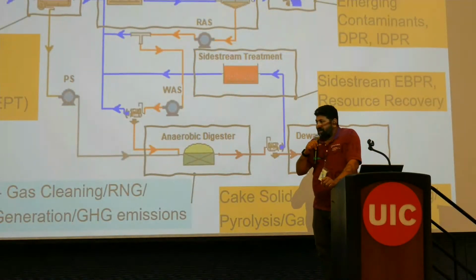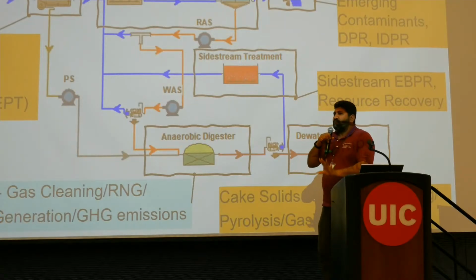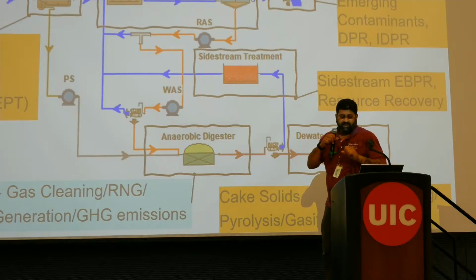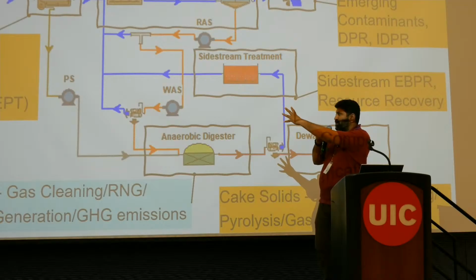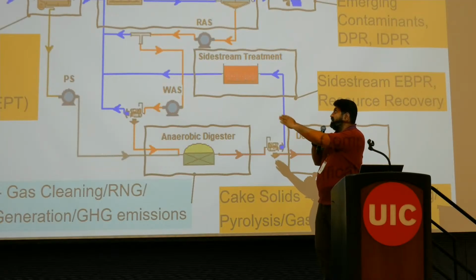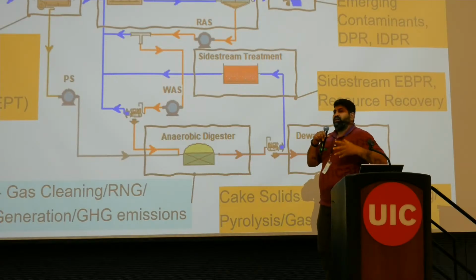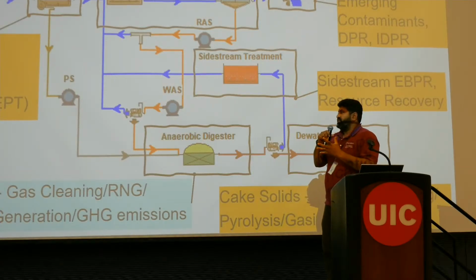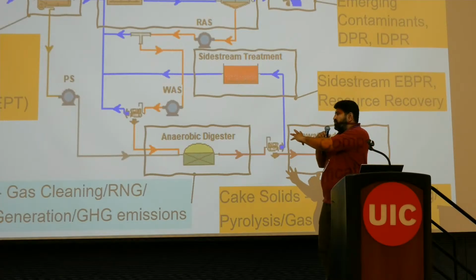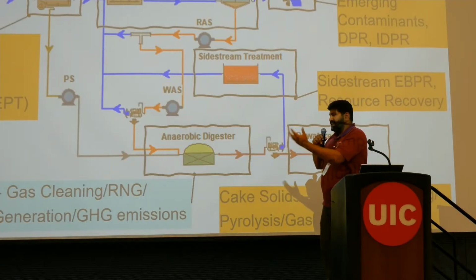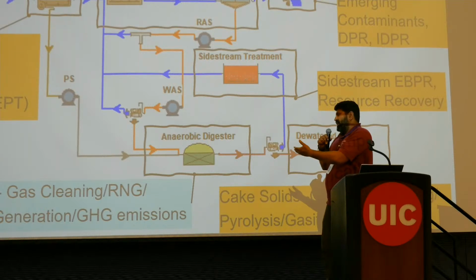So this is a pretty picture of some of the possibilities you can do at a wastewater reclamation facility. You can capture carbon in the primary treatment, and then within the secondary treatment, you can reduce the amount of air you are putting in. And by virtue of anaerobic digestion, you can generate more biogas and use that for a beneficial use.